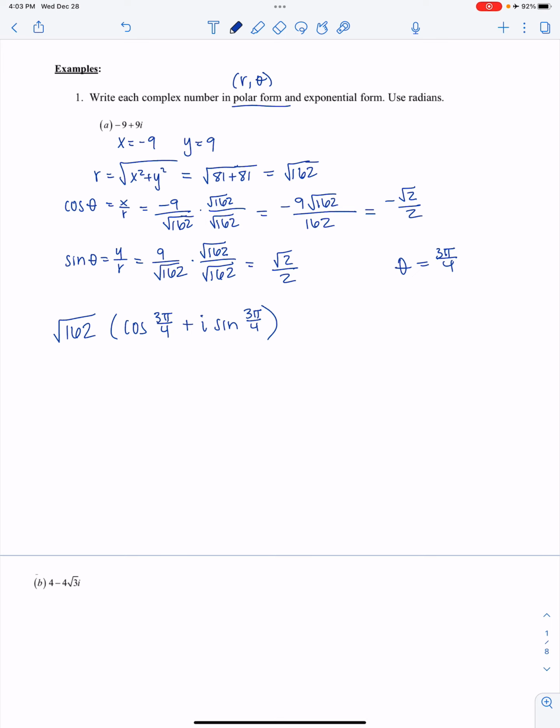And that is our polar form. Exponential form, we have r, so we have root 162, e raised to i times theta, 3 pi over 4.